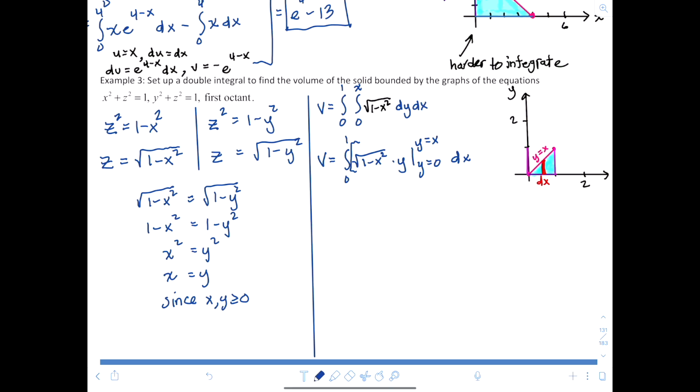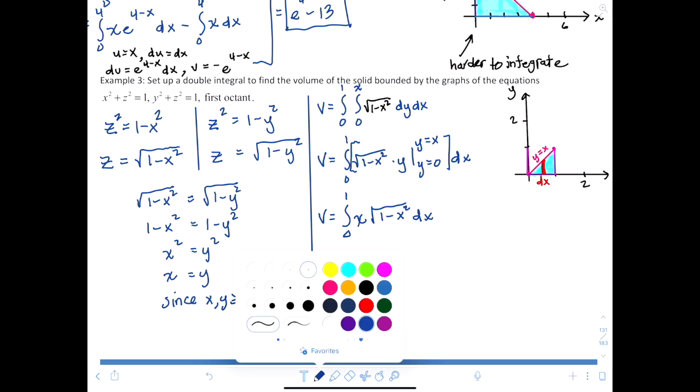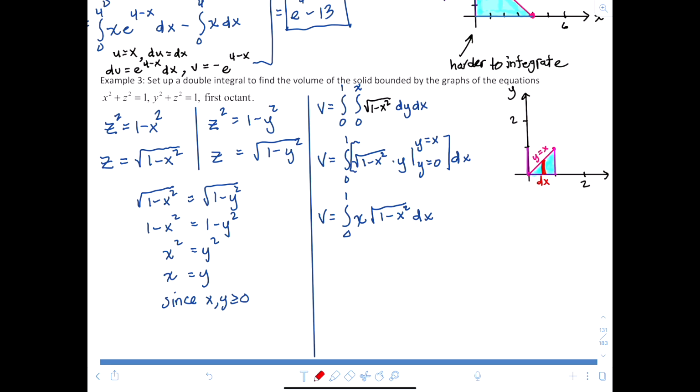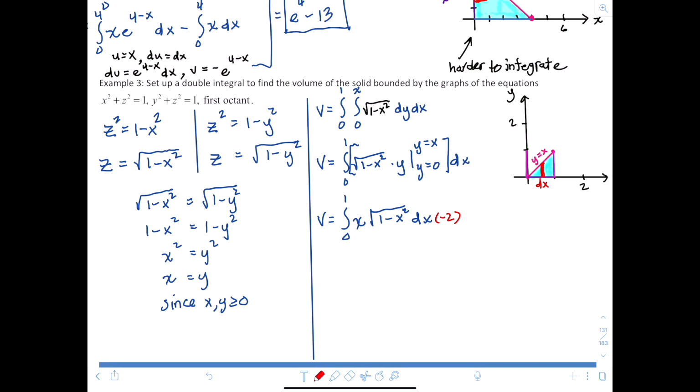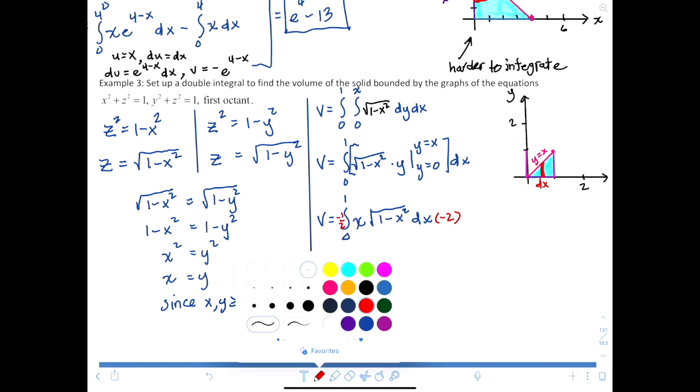And hopefully you can see we'll be set up for our next integral. So that's going to be just the integral from 0 to 1, x times root 1 minus x squared with respect to x. And then we need to have a negative 2 in order to integrate. And so if I multiply on the outside by negative 1/2, I balance.